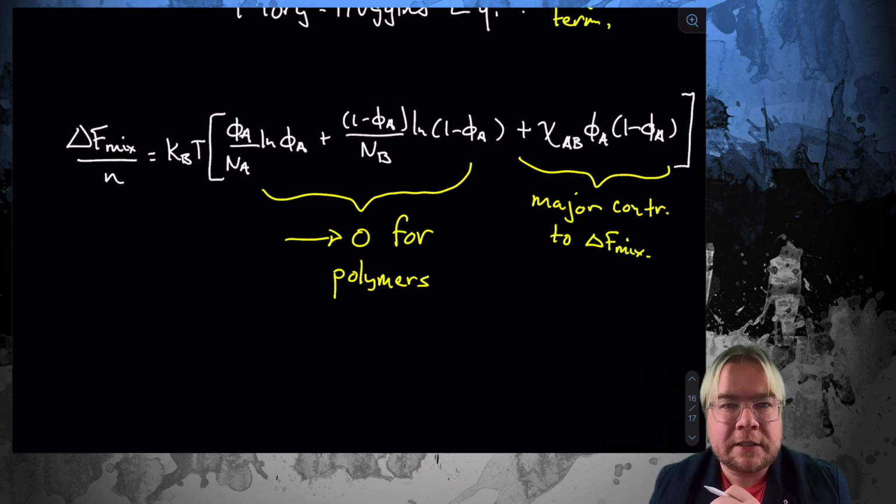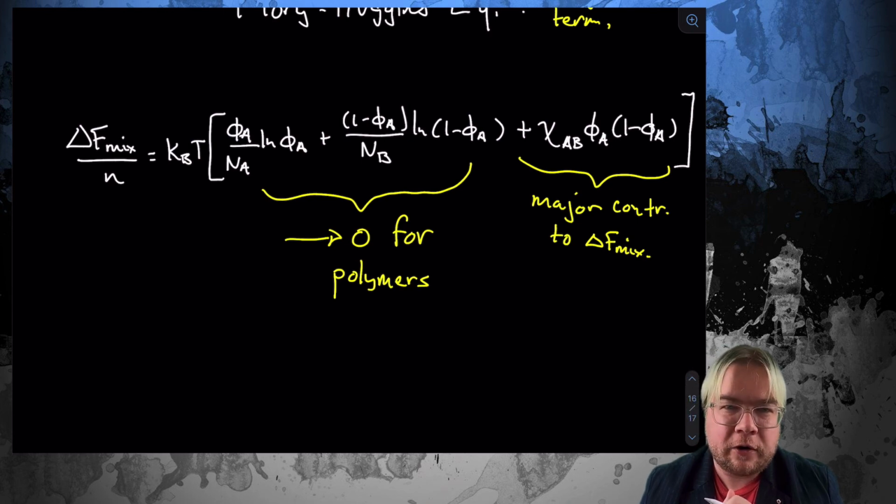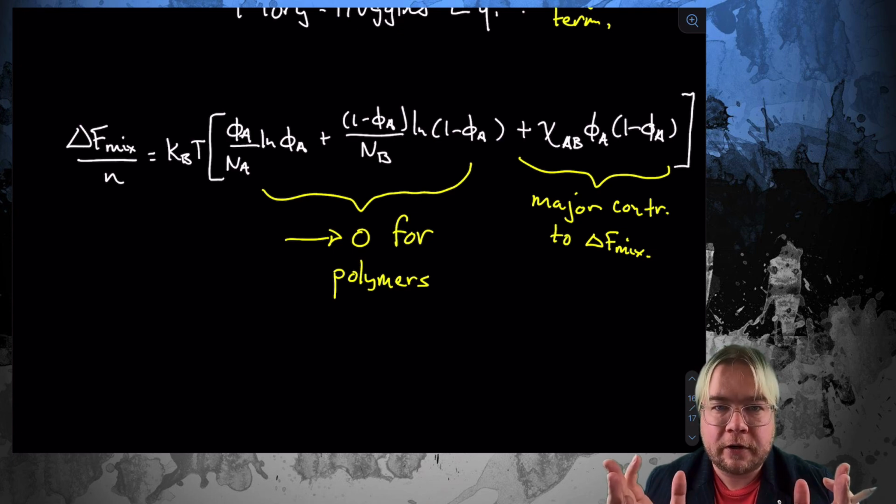This means that interactions are everything when it comes to mixing polymers together. Entropy doesn't help you much in terms of mixing. Interactions are going to dictate whether something mixes or whether it doesn't. So if there is even a slight unfavorable interaction between opposite species, between A and B, then you're going to demix. Those things aren't going to want to be together at all. It doesn't take much for this to happen.